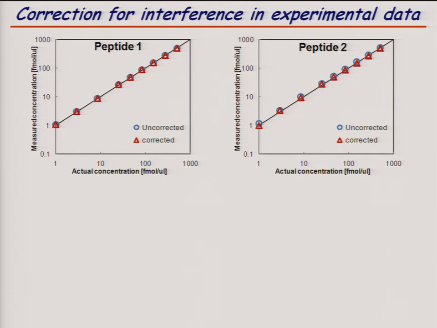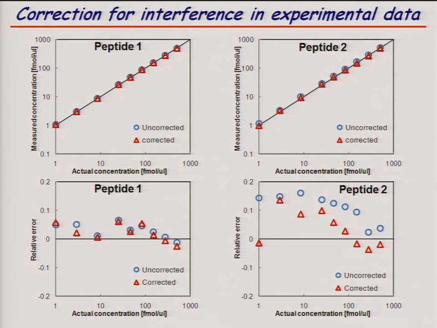So it's good that after correction, we don't introduce more error. If we look at the error in more detail, this is the relative error zoomed in. We can see that for peptide 1 we get about the same errors before and after correction, so we haven't made it worse in this case, which is good. In peptide 2 there might be a slight improvement after correction, but it's minor.